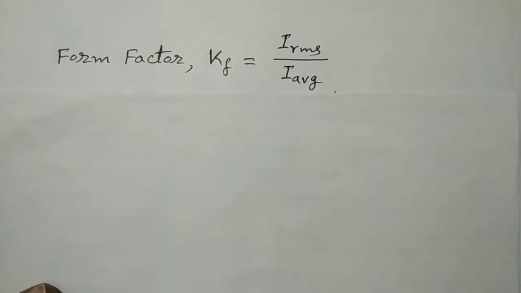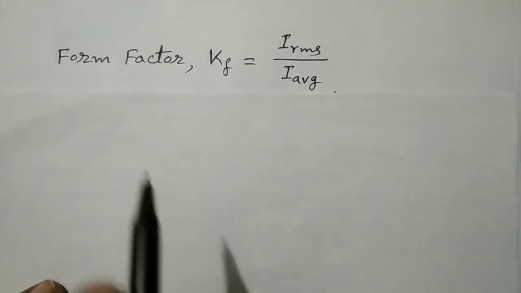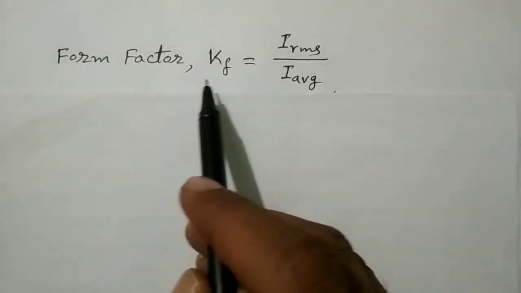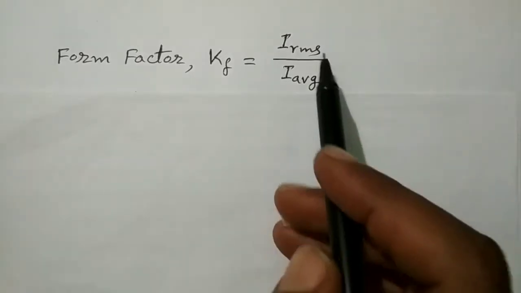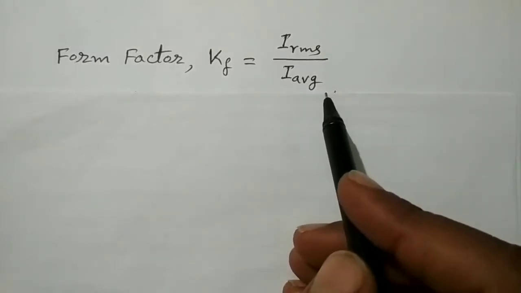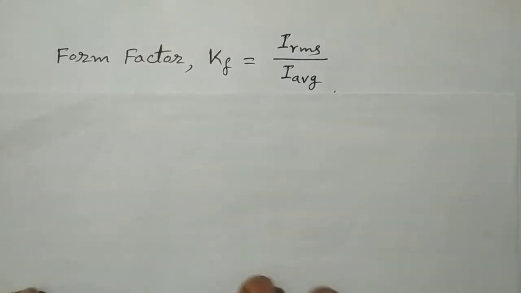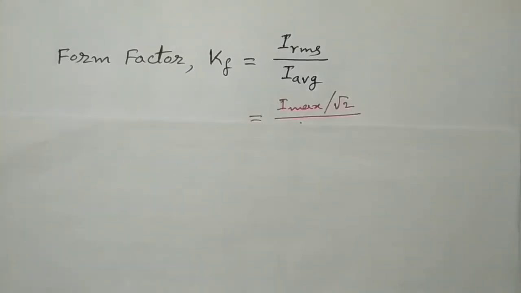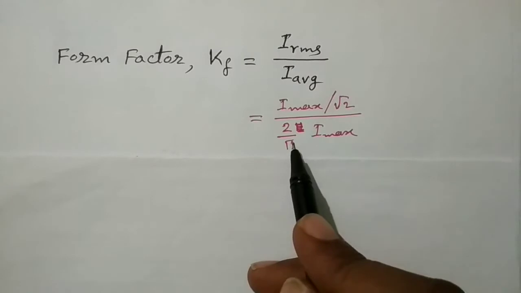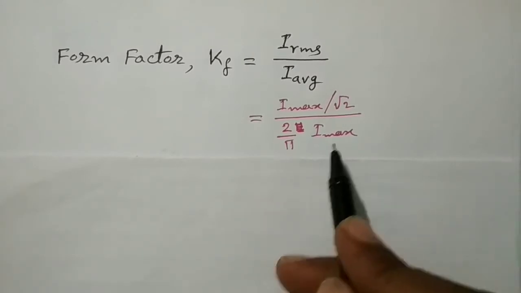Now calculate the form factor and the peak factor. As we know, the form factor is basically the ratio of the RMS value to the average value of an alternating quantity. In this case, we have calculated the RMS value as I max by root 2, and the average value is 2 by pi of I max.